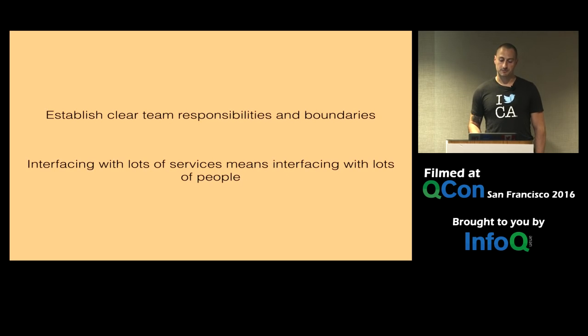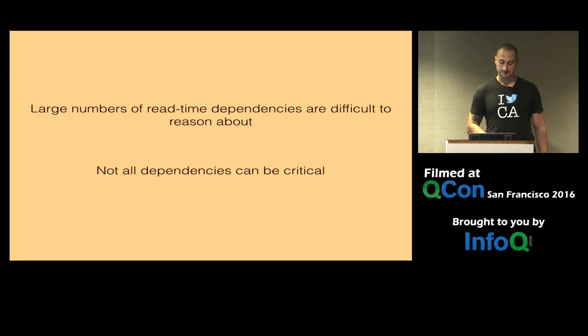Second is establish clear responsibilities and boundaries amongst teams. It should be very clear up front when you're partnering with other teams where the division of responsibilities is. Without that clear demarcation, you risk bleeding business logic across services and creating unsustainable monoliths or worse, unknown and unmaintainable code. Of course, interfacing with lots of services means interfacing with lots of people.